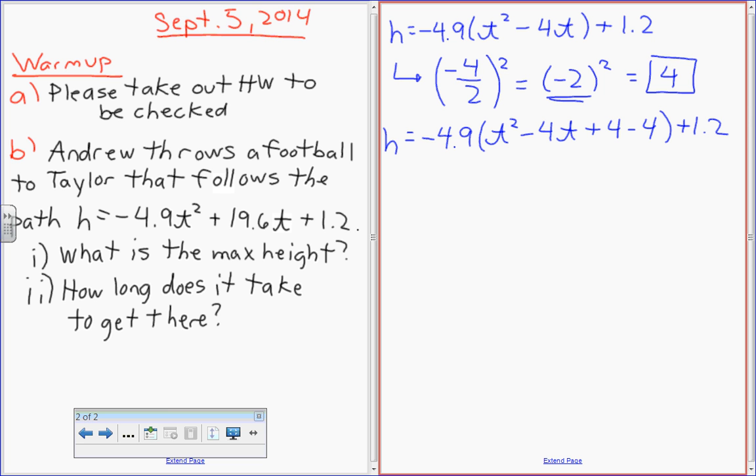Taylor, what do we do now, if anything? Do the negative 4 times negative 4.9. Good. Negative 4 times negative 4.9. Plus, what is that, 19.6? It's a very good throw you did there.